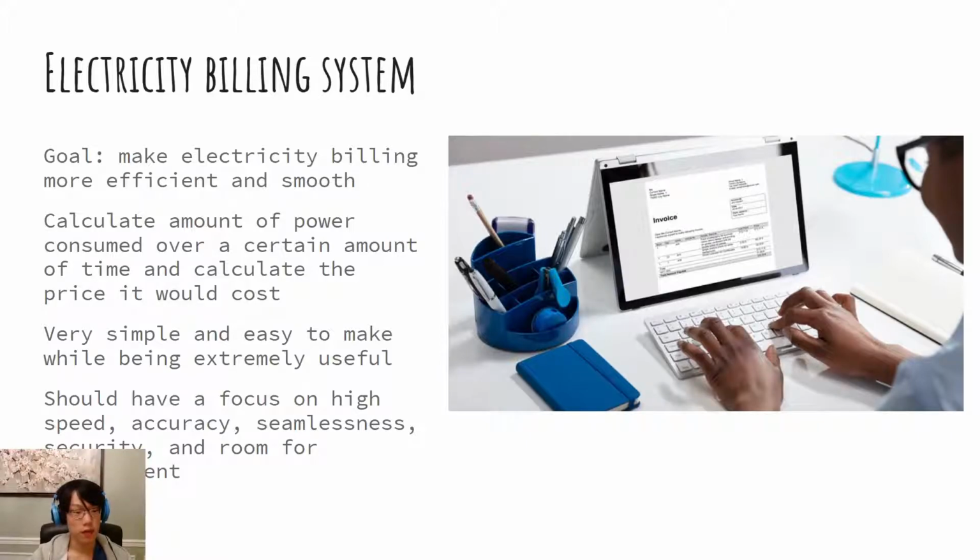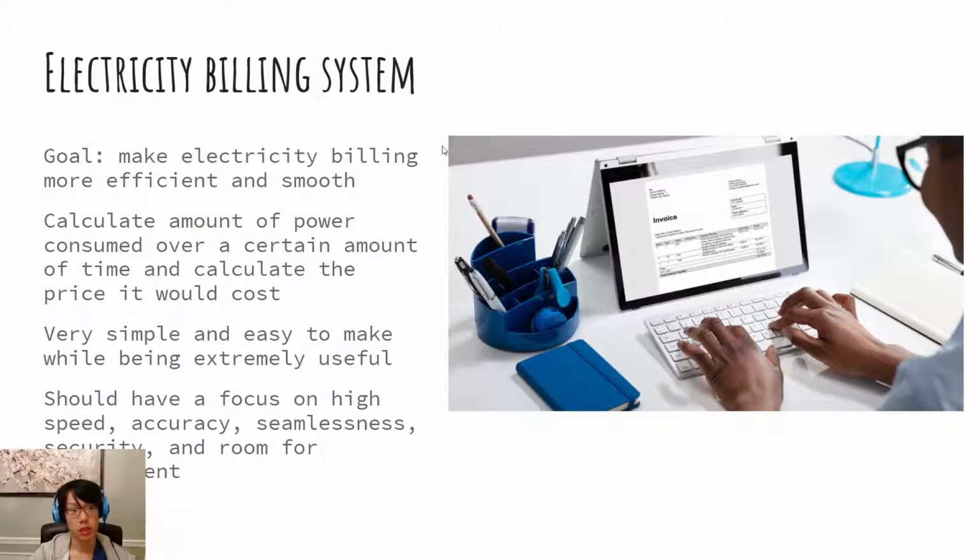It should have a focus on high speed, so running very fast, not being super repetitive in the code, using efficient programming solutions. It has to be accurate. Of course, you don't want it to calculate the wrong amount of money, right? It has to be seamless, and of course it has to be secure, so that your information doesn't get leaked. And of course, there should be room for improvement, as always.